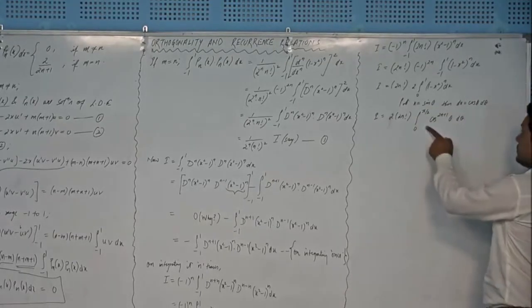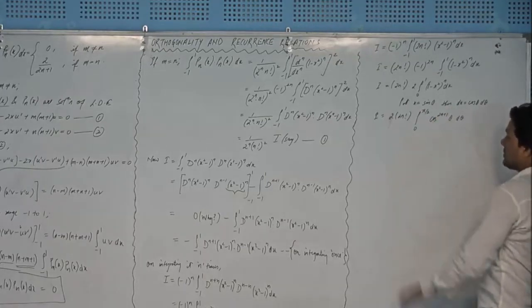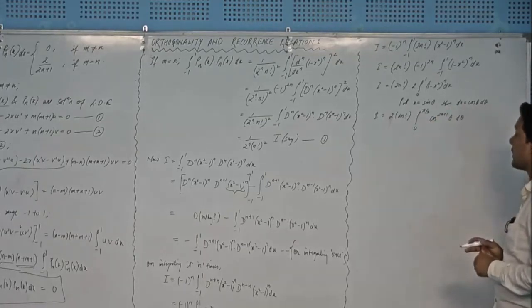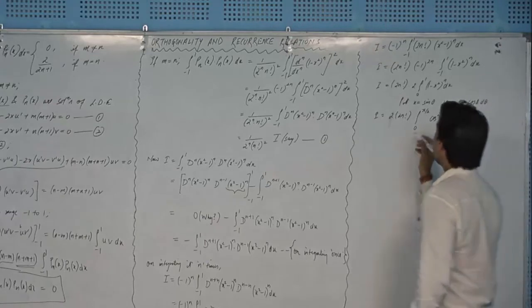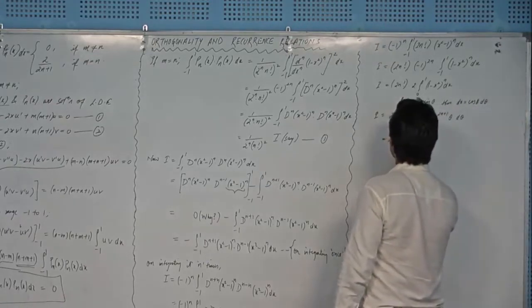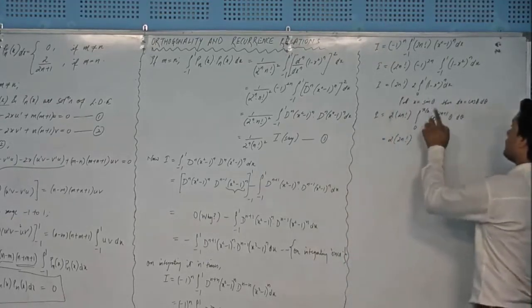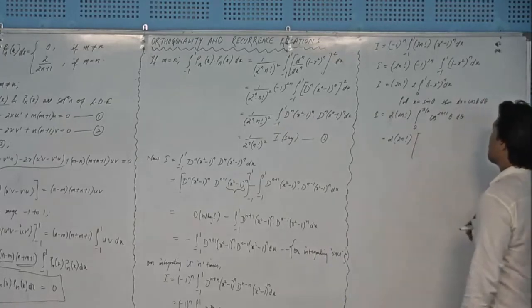Now it remains to solve this definite integral, and we have a special formula for this. If I remember it correctly, that was Wallis's formula. I will write that, and that is a shortcut to evaluate this type of integral with the limits 0 to pi by 2, and that goes like this.